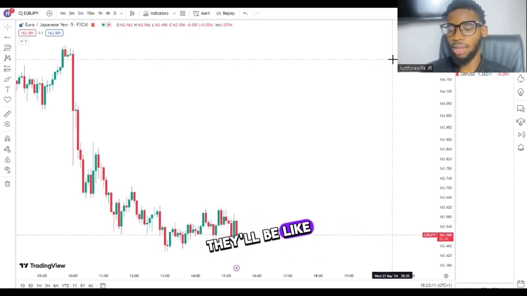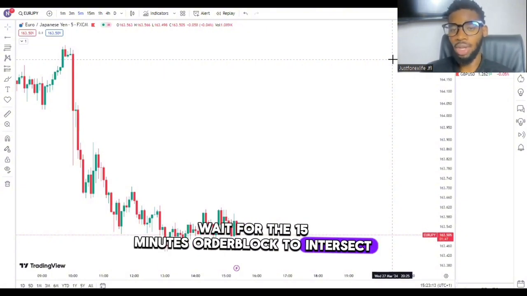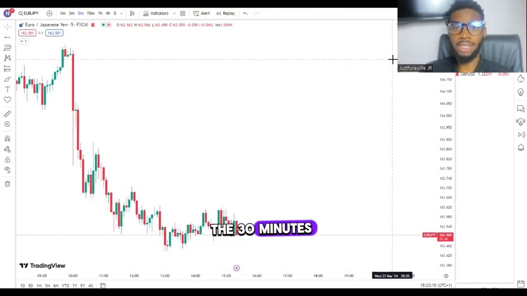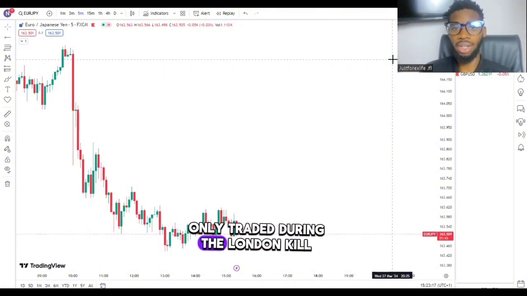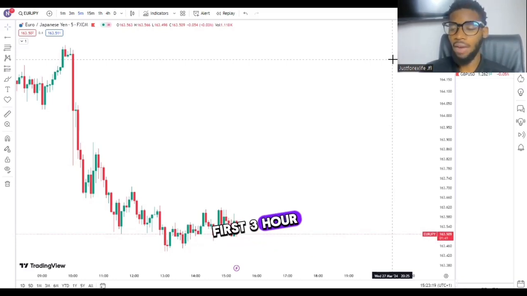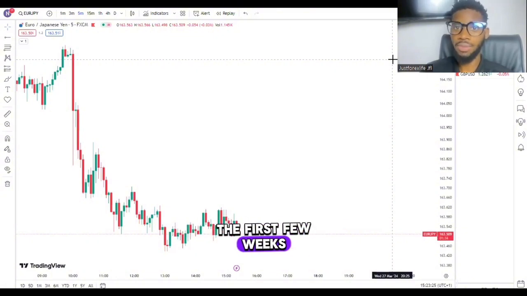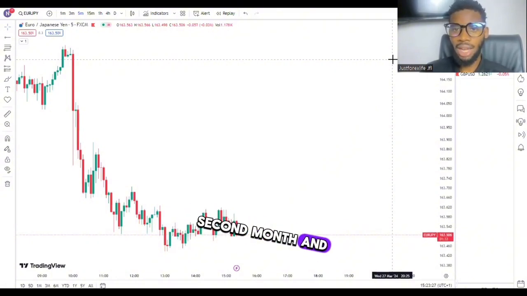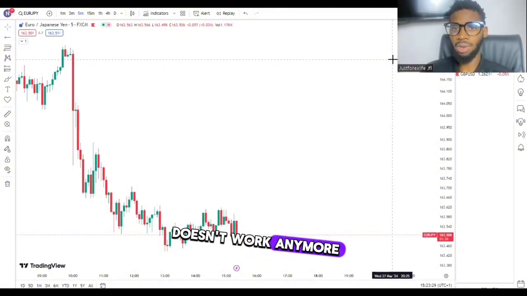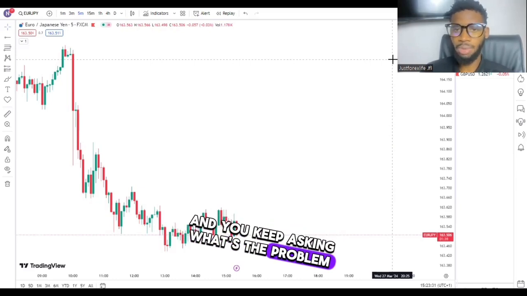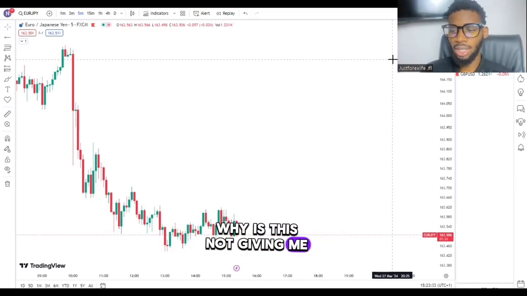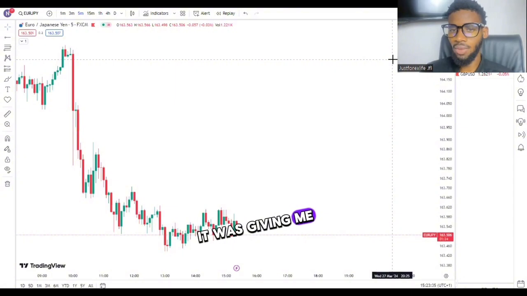Some strategies say wait for the 15 minutes order block to intersect the 30 minutes fair value gap, only trade during the London Kill Zone, first 3 hours, blah, blah, blah. And then you notice you trade that strategy, it works well for the first few weeks, first month, second month. And after a while, it doesn't work anymore. And you keep asking, what's the problem? Why is this not giving me the kind of results it was giving me when I started trading it?